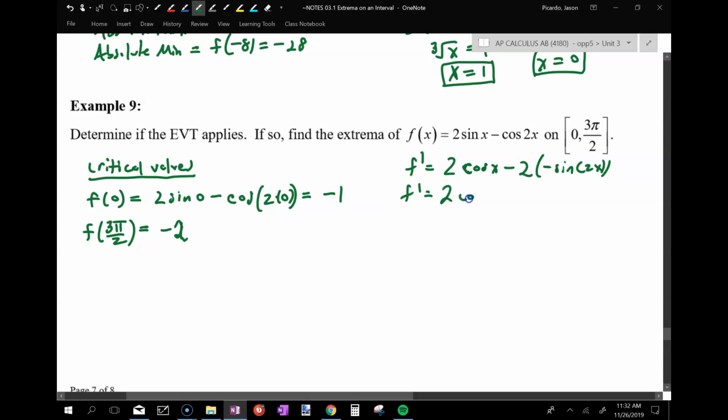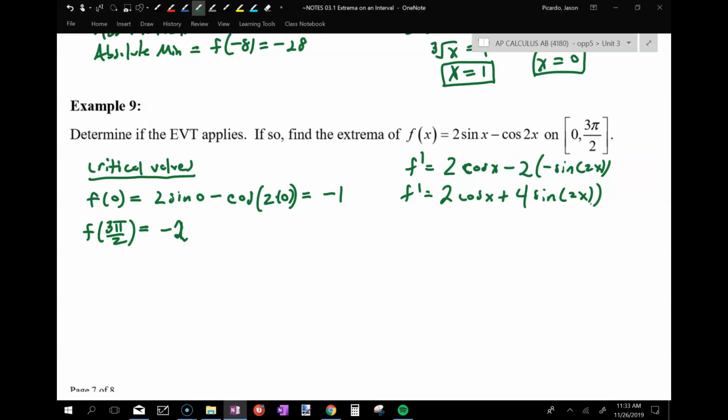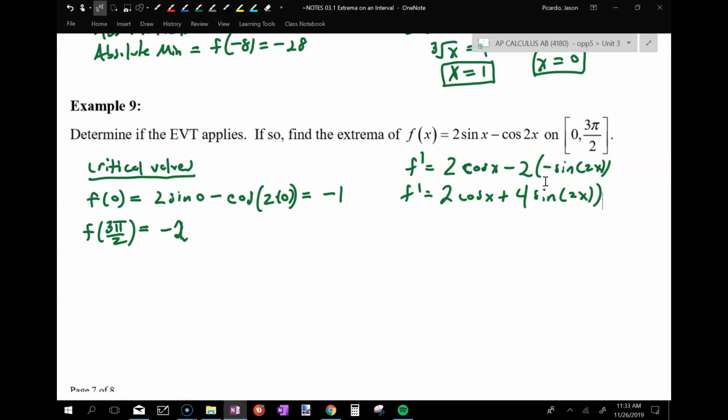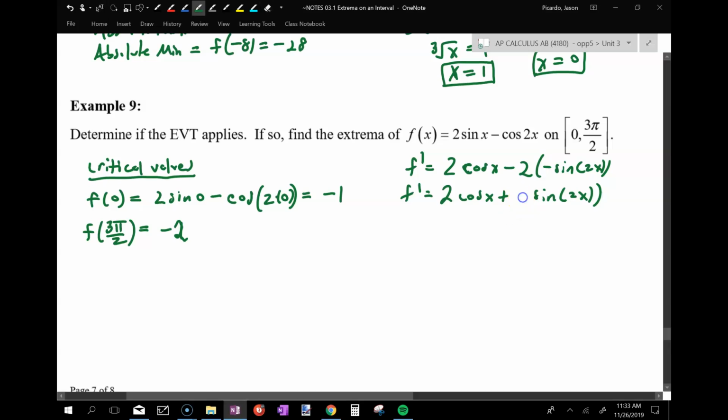It's going to give me 2 cosine of x plus, oh, sorry, it shouldn't be 4. No, that's a 2. Plus 2 sine of 2x.